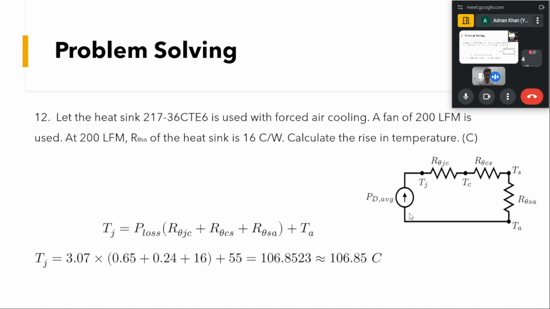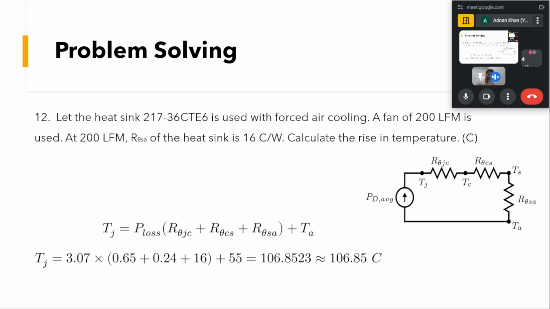So it will be equal to P loss into R theta jc plus this and this, plus this, because the ambient temperature is already at some potential. If we substitute values here, the junction temperature comes out to be 106 degrees, and that is way below the maximum limit of around 150 degrees centigrade.